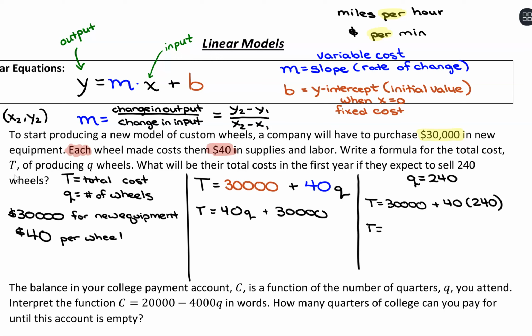So 30,000 plus 40 times 240, and that is $39,600. So their total cost, if they expect to sell 240 wheels, would be $39,600. And then we could just plug in different values for the number of wheels and find different total costs.